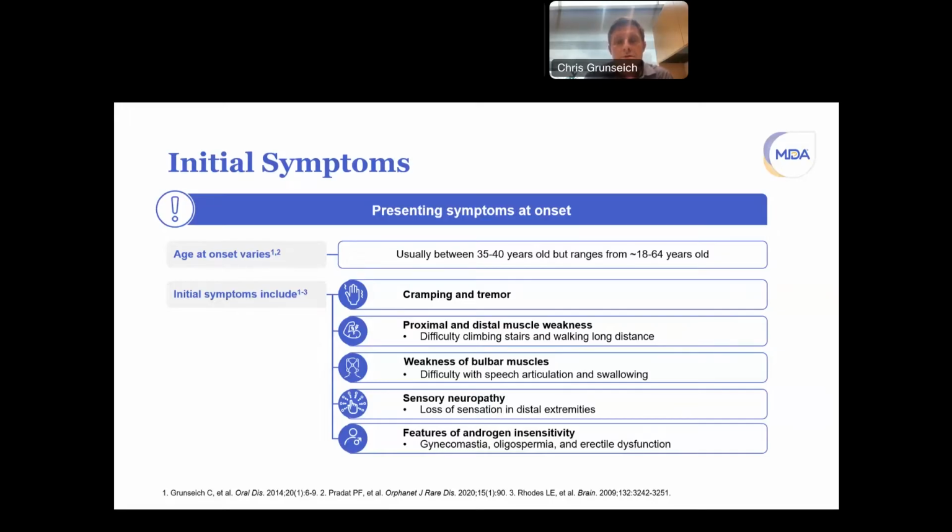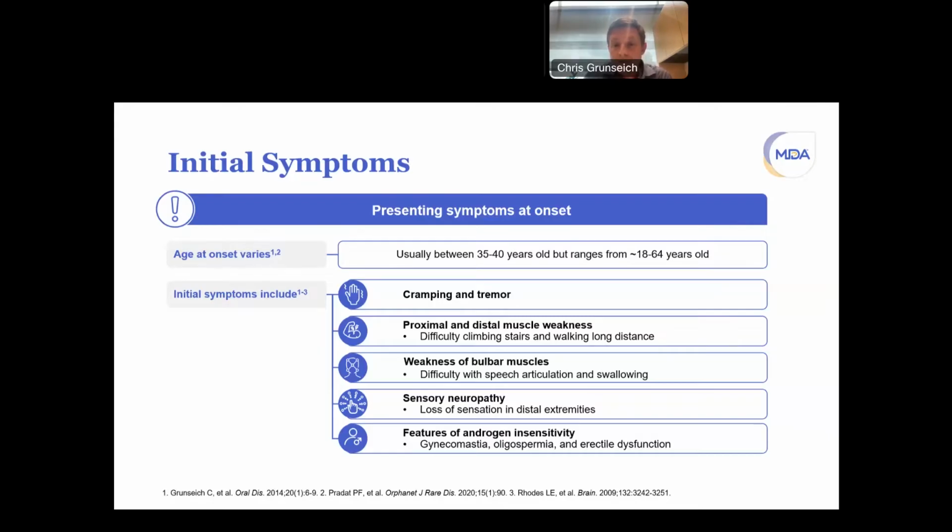Some of the initial symptoms include muscle cramping, tremor, weakness, as we discussed, both proximally in the upper arms and legs and distally in the hands. And this can show up as difficulty walking stairs or walking long distances. Patients can sometimes present initially with bulbar weakness, and this can manifest as difficulty with speech, swallowing, choking, managing saliva.